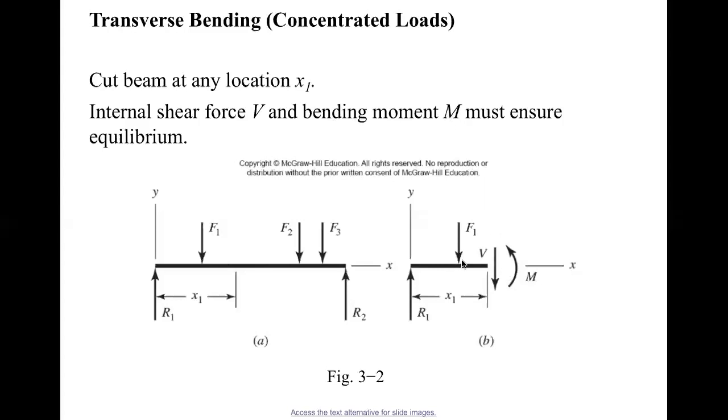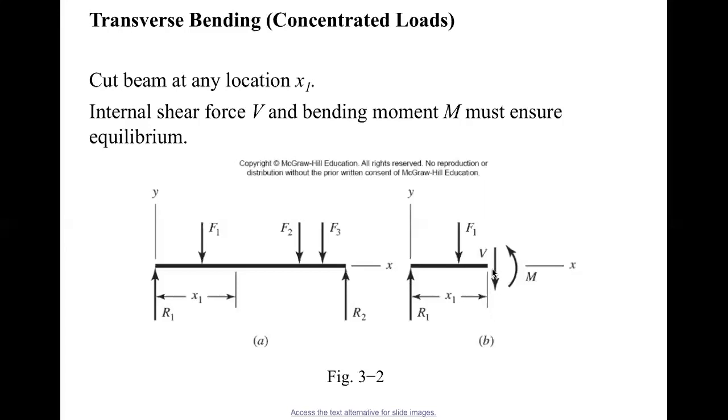Right. So how do you find V and M? Let me ask you this question. How do you find V and M? Well, we just use statics, right? If you look at the forces in the y direction, we have R1 positive, F1 negative, and V, let's say negative, downwards.